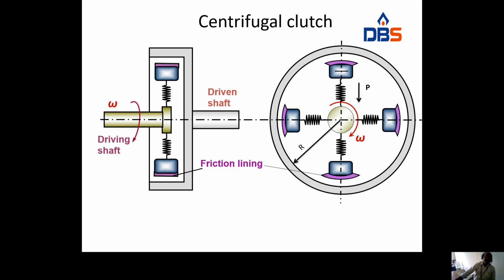In the driving shaft, there will be springs. For the spring, we arrange something like a friction lining. There will be some weight, and over the weight the friction lining will be there. Like this, circumferentially, here we arranged say 4 friction lining plates.